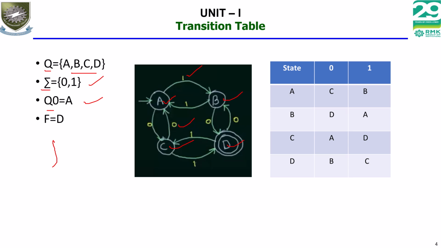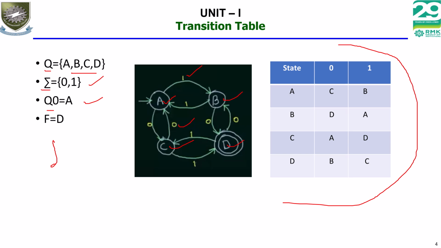Then we have to calculate the delta also, transition. So for calculating transition, I am representing it using a table. So we have the states A, B, C and D, and we have two inputs 0 and 1.